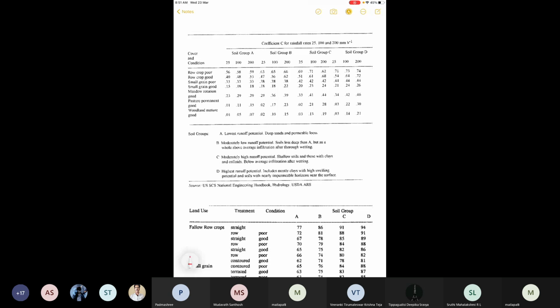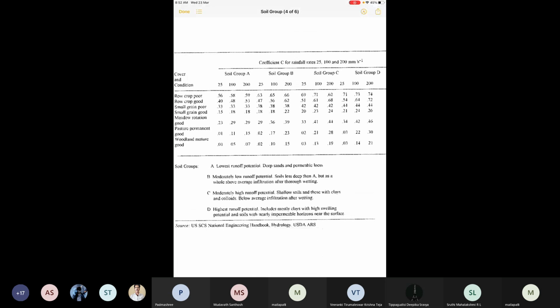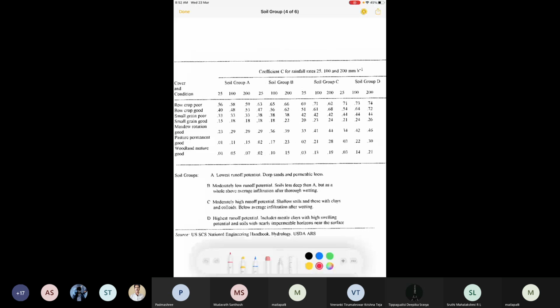In our case, we have two areas, one is 5 hectares, the other one is 10 hectares. One is soil group B and the other one is soil group C. For soil group B, we have pasture land, not a row crop.